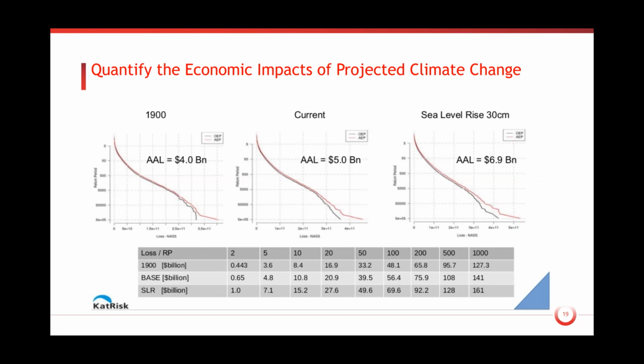And you can see what the impact is as well on the key return period metrics, such as the 100-year loss, or a very extreme event, 1,000-year return period loss, which is often used for very flood-prone areas. You want to protect up to very high return periods if you have a lot of exposure. You can see the impact and how that's changed between 1900 sea levels, the current sea level of the base, and the future sea level rise. So some very significant changes.